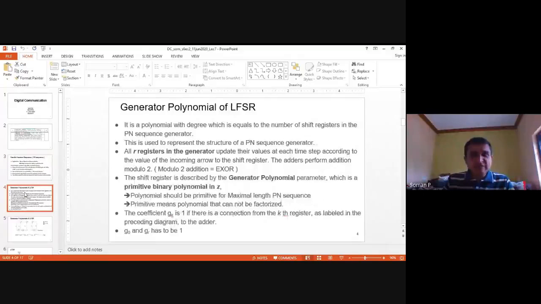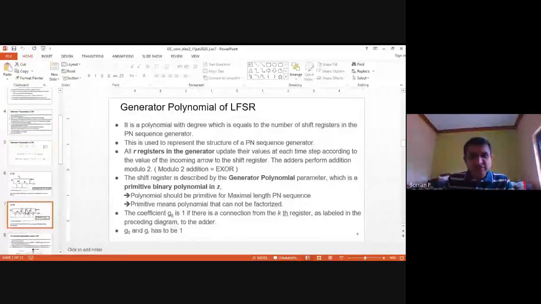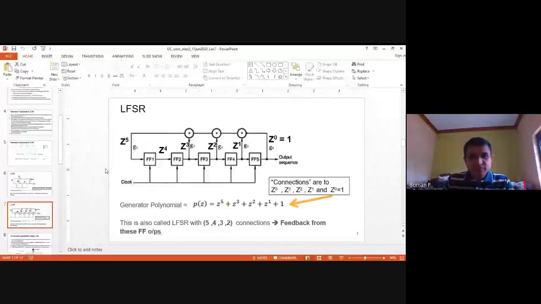I talked about the LFSR, linear feedback shift register. So I'll show you what a linear feedback shift register is initially. So this is an example of a linear feedback shift register of order 5. So it has 5 flip-flops, FF1 to FF5. So a flip-flop will have a clock.